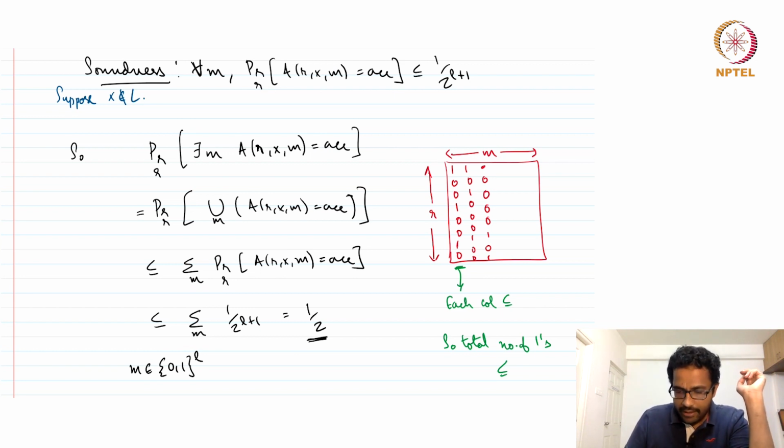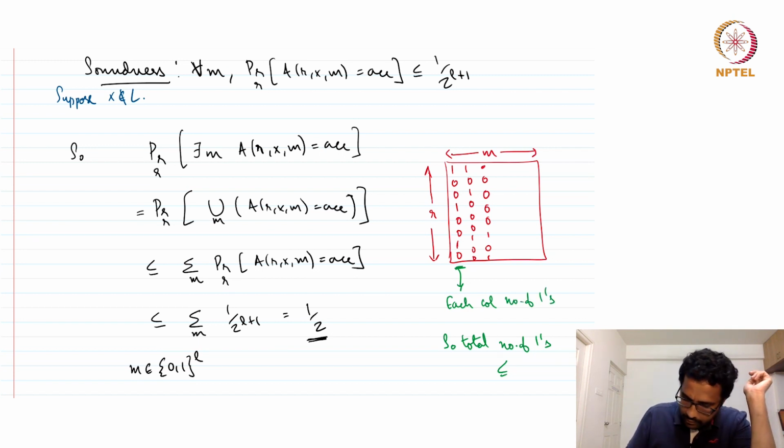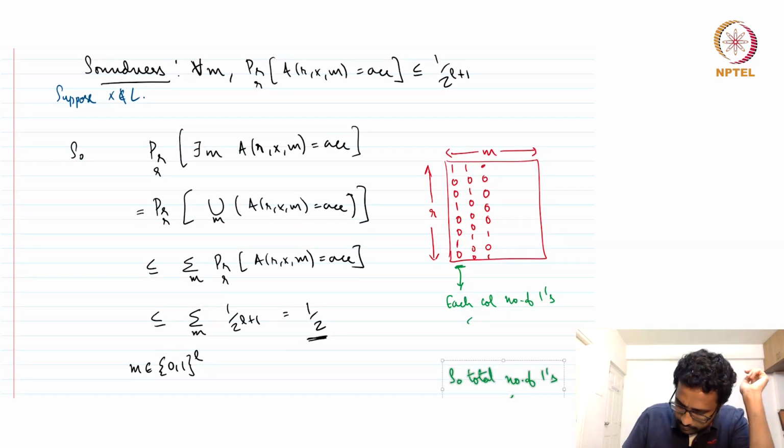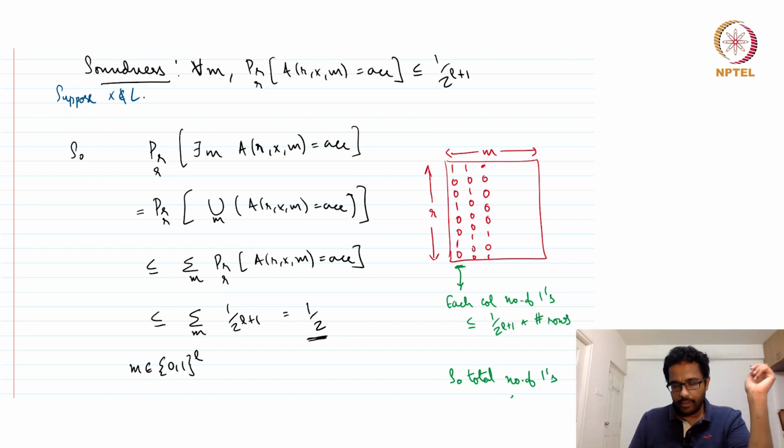This means that for each column, the number of ones is at most 1 by 2 power L plus 1 multiplied by the number of rows, because we know that the probability is at most this.